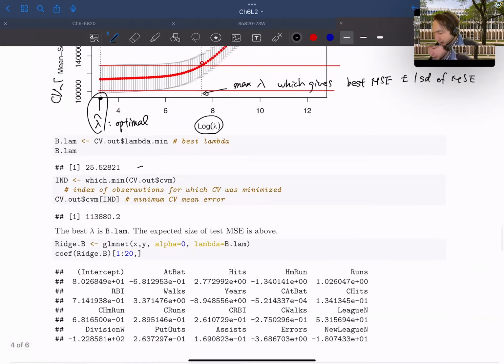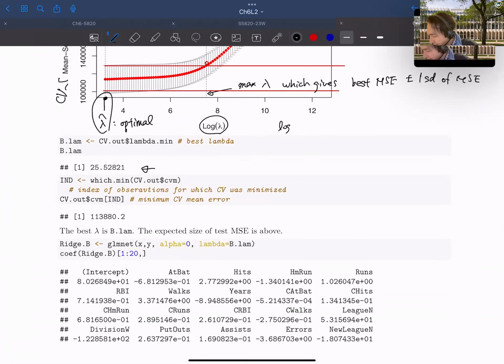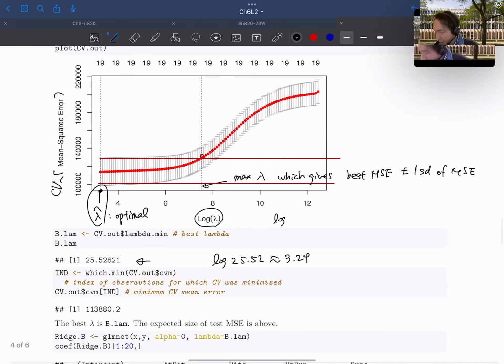And optimal lambda is 25. So here the log of lambda is given. The log of 25.52 is about 3 point something. I think I calculated this before, 3.224. So this 3.24 is given here.